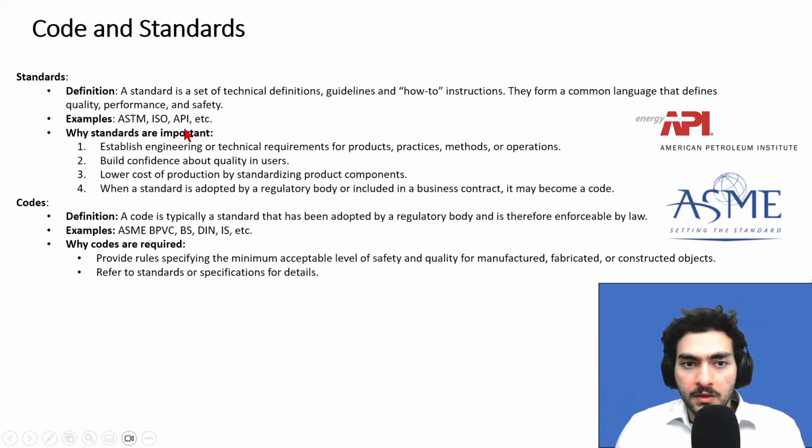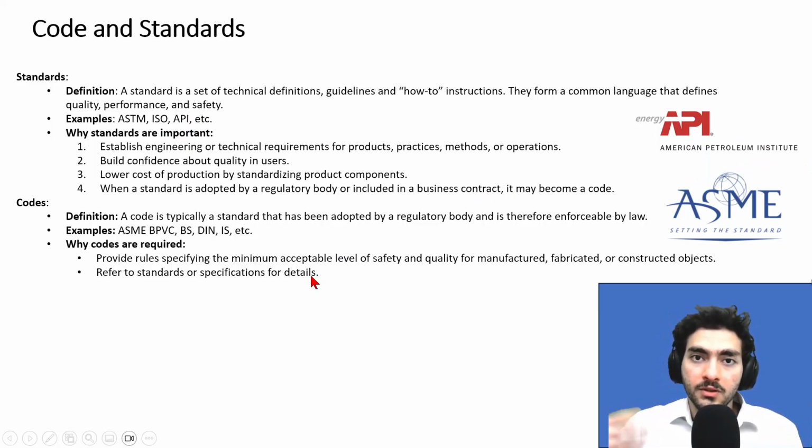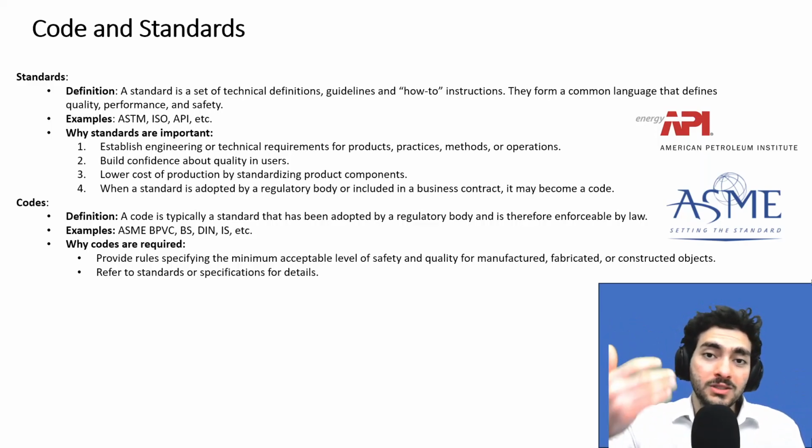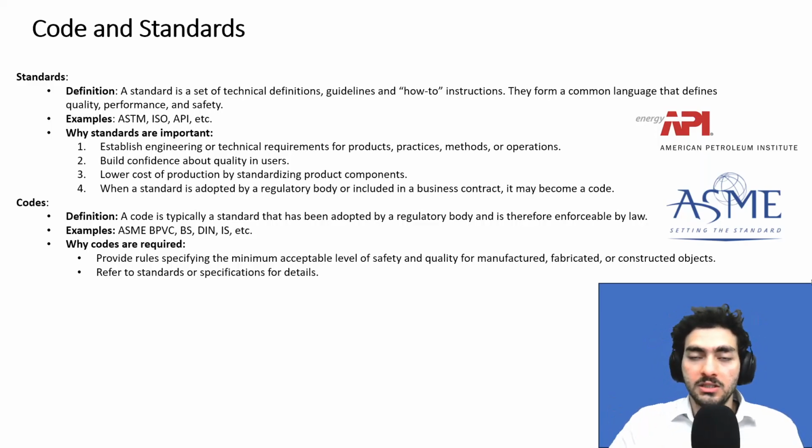Examples could be the API, which is the American Petroleum Institute. They've released recommended practices, which basically is a standard that gives you the instructions on how you should go about sizing pressure relief valves, for instance, so that they align well within the ASME code.